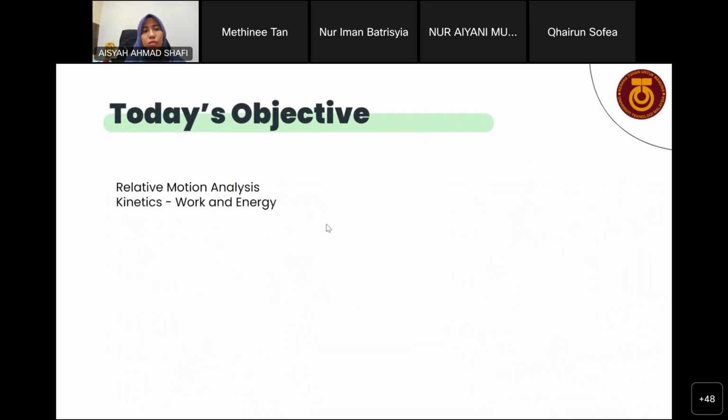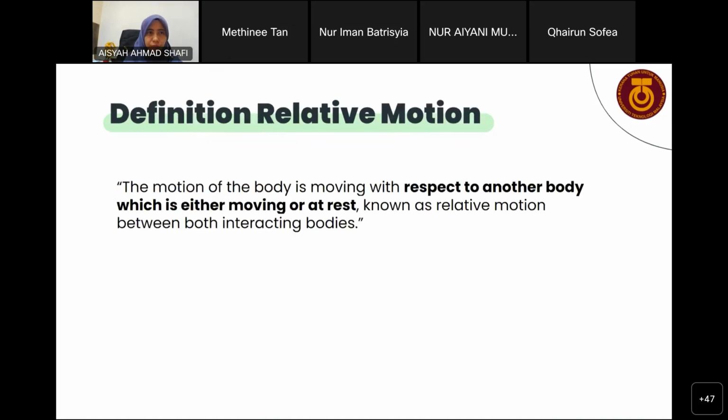Alright, so as I mentioned just now, today we will proceed with relative motion analysis and kinetics. Previously you have learned about rectilinear, and for the rectilinear, it is direct.